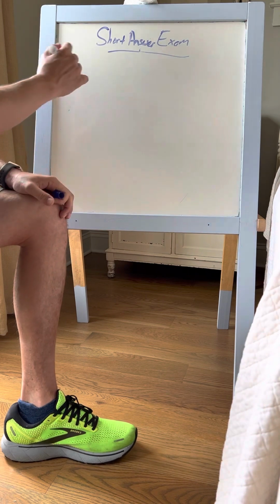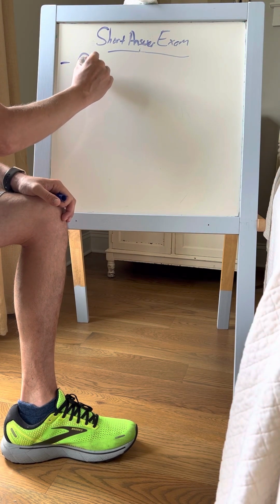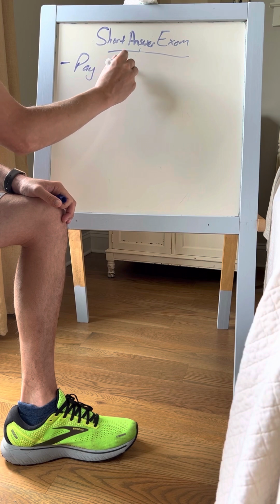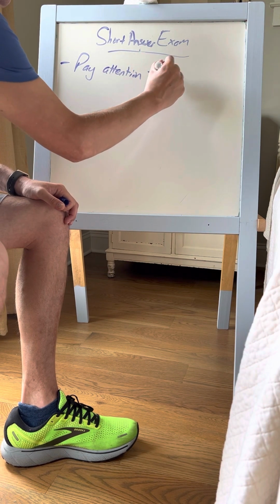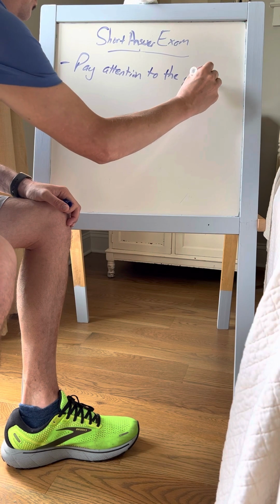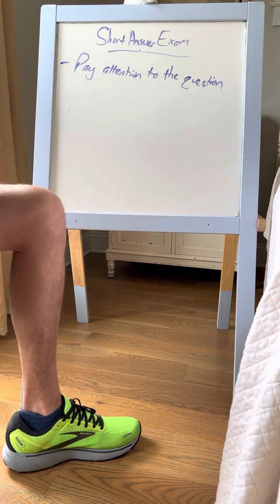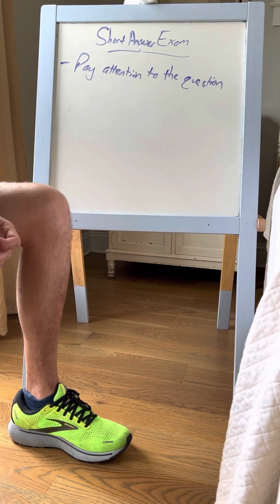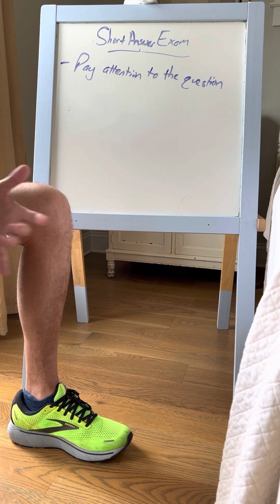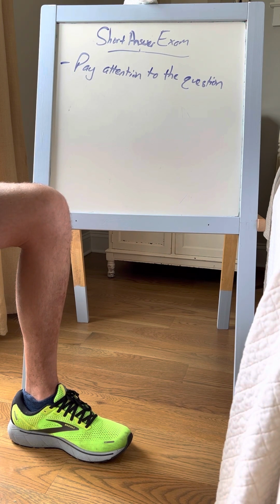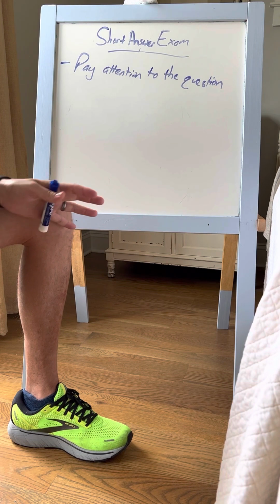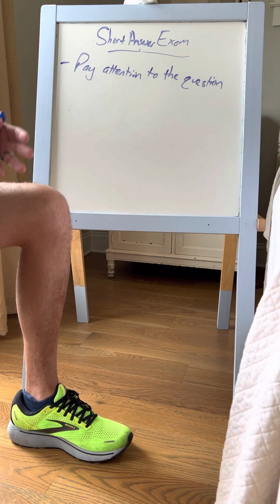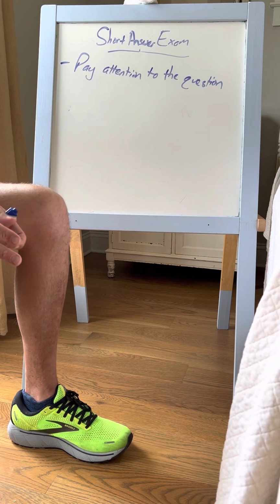But again, pay attention to the question. So, for example, if you're in a psych class and it asks you to describe the Schrodinger's cat experiment, if you guys don't know what I'm talking about, don't worry about it, but basically, real quick, Schrodinger's cat, there's a box, there's a cat in the box.